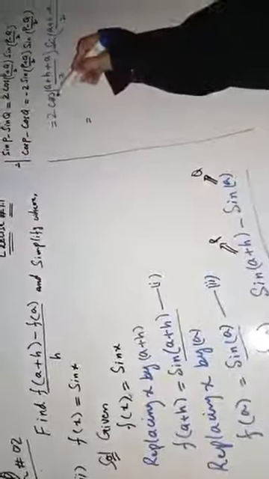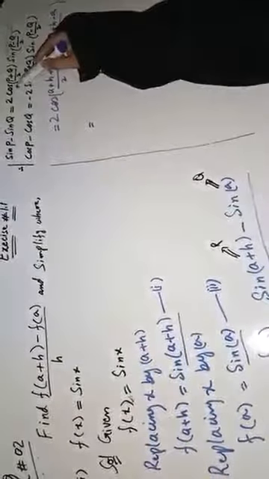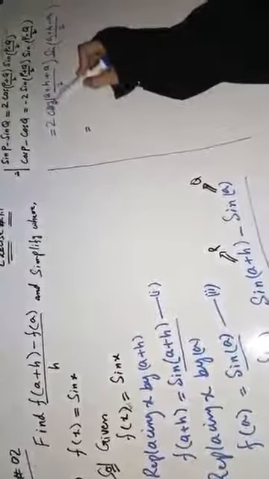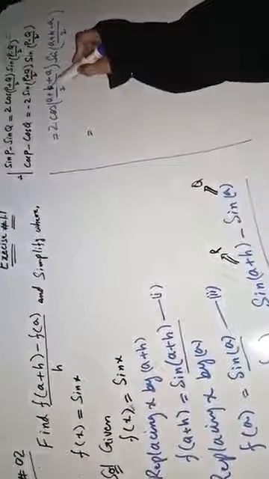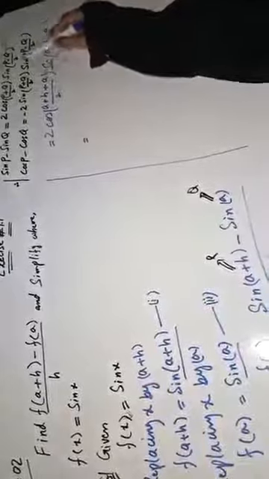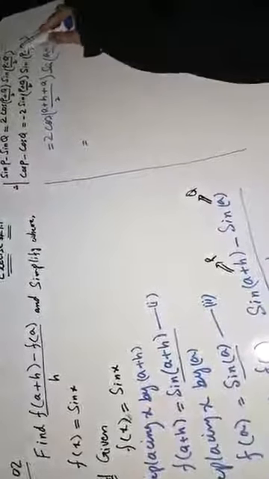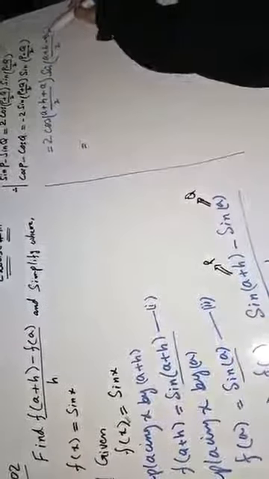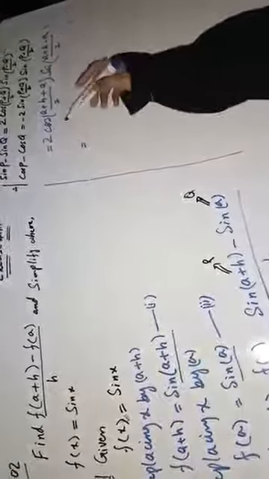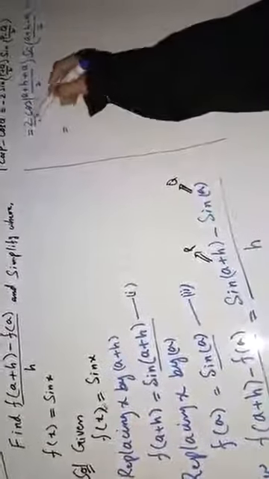There is cos, not sin, according to the formula. Look at the formula once again: 2 cos of p plus q over 2, with p as a plus h and q as a. And sin stays as it is; there is no positive or negative sign, they are in multiplication. Sin of (a plus h minus a) over 2, and there is an overall h in the whole term, so I have written this h at the start.